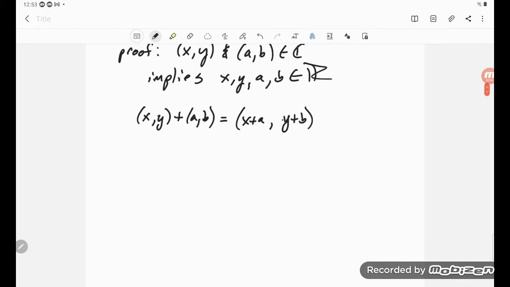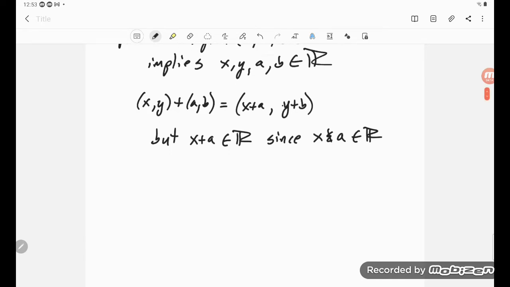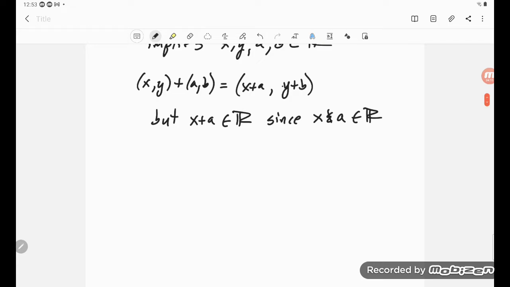Okay, but x plus a is an element of the real numbers, since x and a are elements of the real numbers. So we already know that if we add two real numbers, we get a real number.